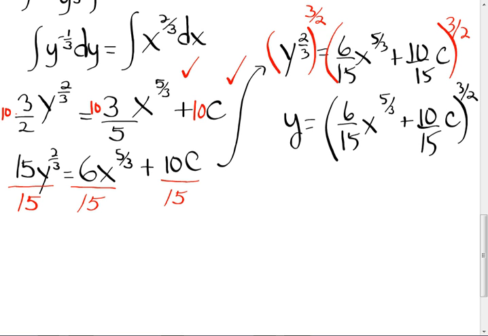Well, it's done, but when I take the square root, first I cube both sides, and then I get y squared, just like we did before. And when I take the square root, I get how many answers? 2. I get the positive root, and I get the negative one. Remember? From the preceding problem. So because I don't know what c is, there's a plus or minus here.